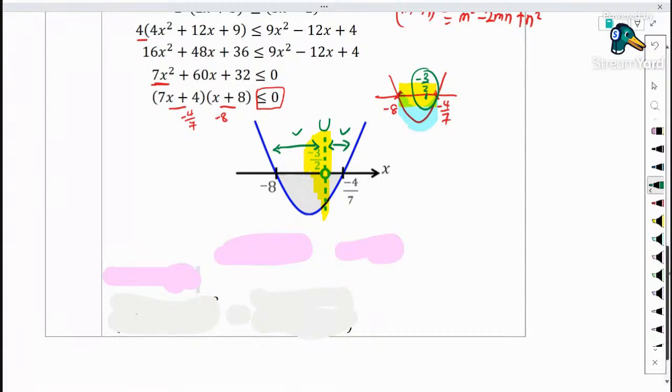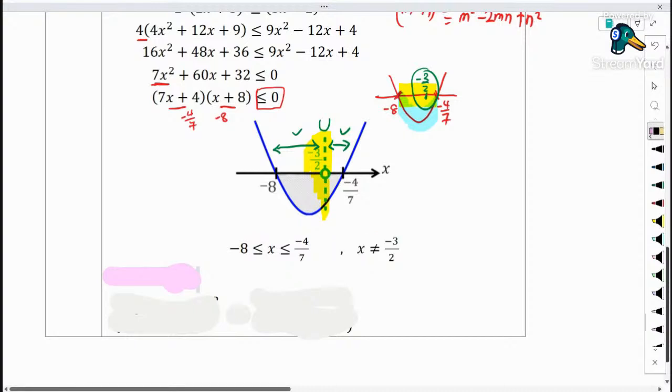Originally, from the graphical method, you would get this as the solution. But the question gives us the condition that x cannot be negative 3 over 2, which is within this interval.